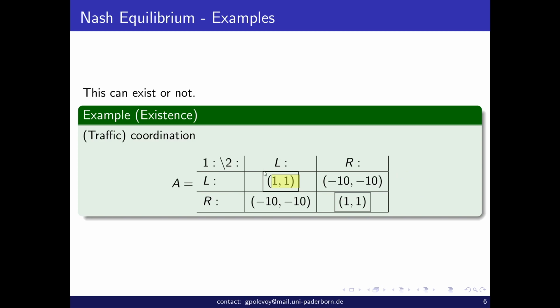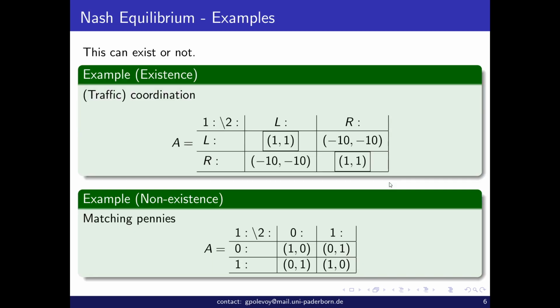So LL is an equilibrium, RR is an equilibrium. Of course, RL or LR are not equilibria, because in those cases any deviation would strictly increase the utility of the deviator. So these are not equilibria.